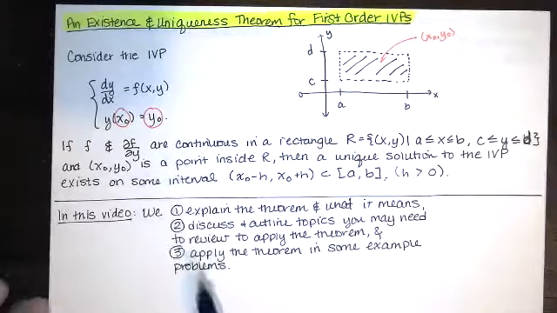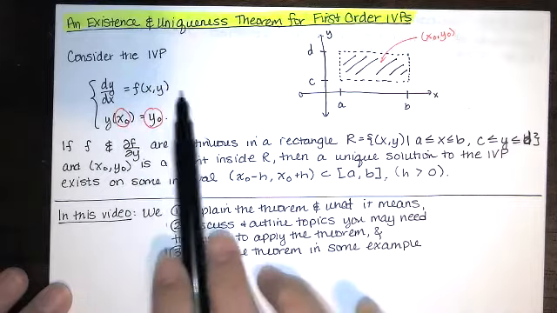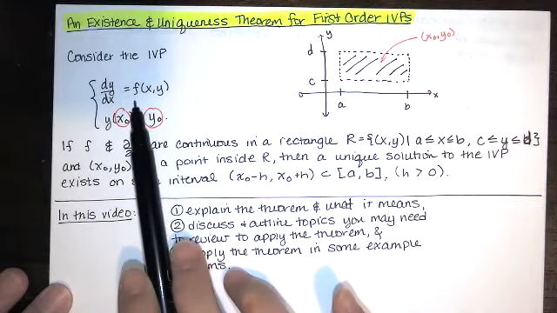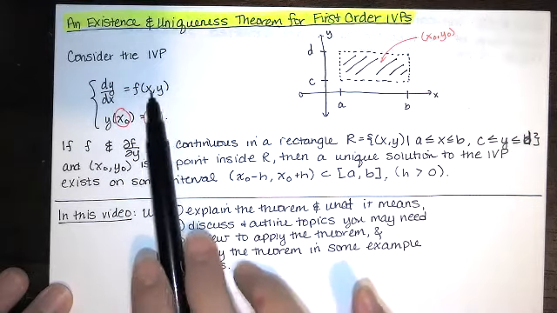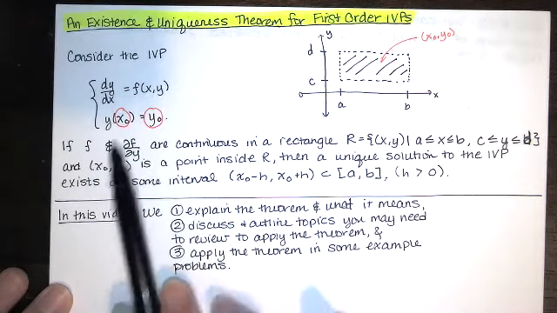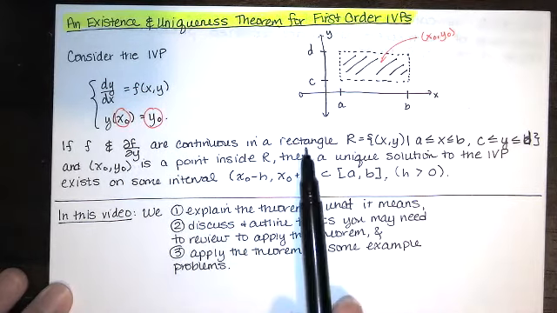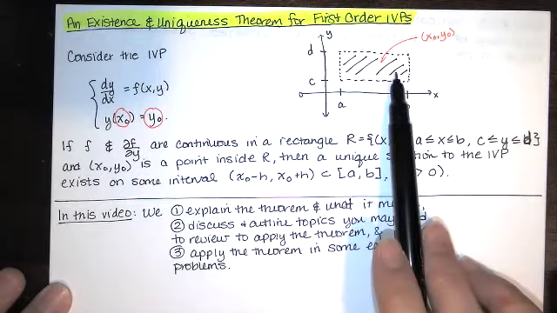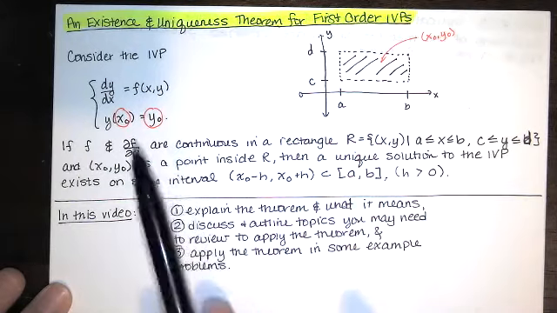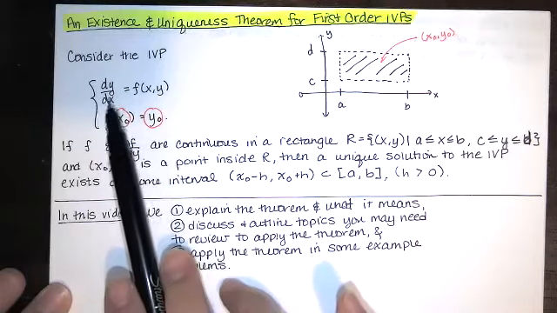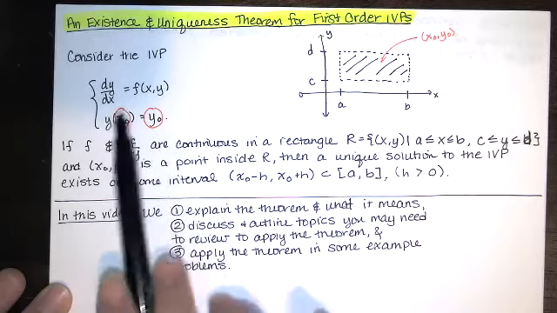So that's our region. We're told that if this function of two variables, which is typically represented as a surface in Calculus 3, z equals f of x, y, right? If this function of two variables is continuous and its partial with respect to y, that's another function of two variables, is also continuous on this rectangle, and x naught, y naught is on the interior of the rectangle, then we're guaranteed that there is a unique solution to this differential equation that satisfies this. And remember what this means.